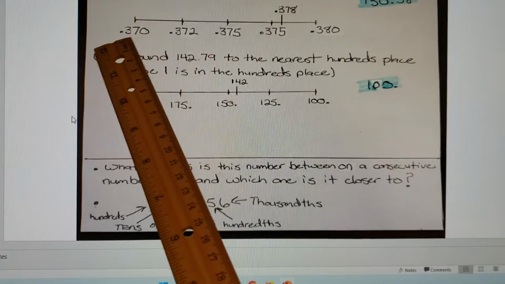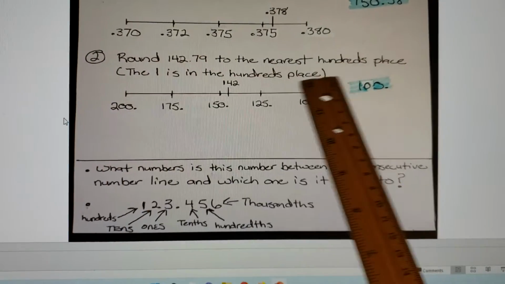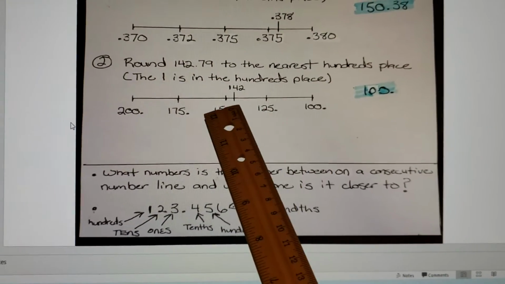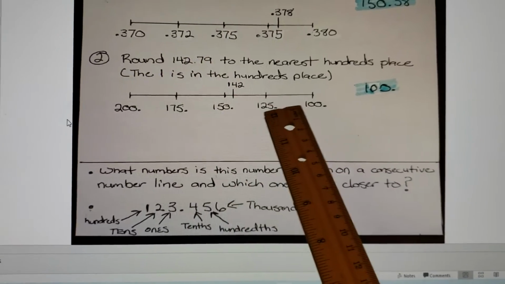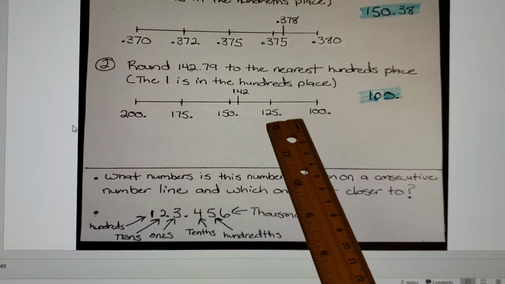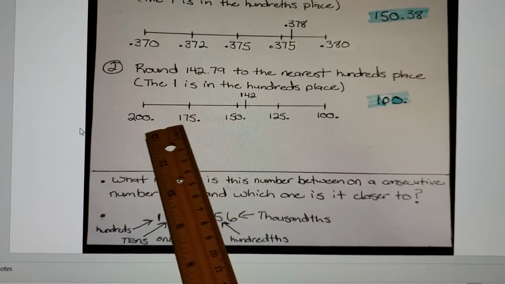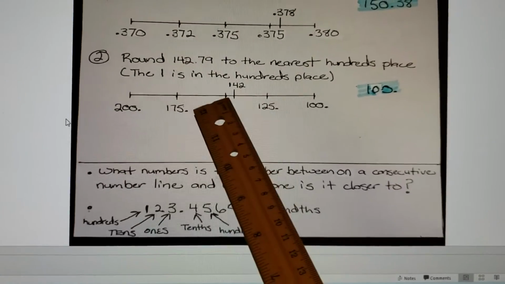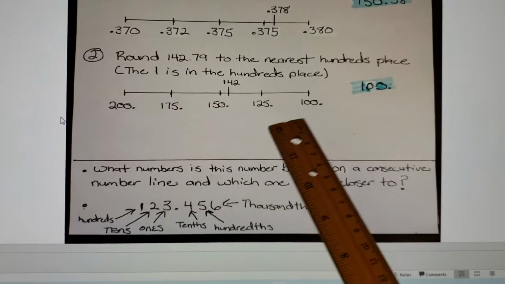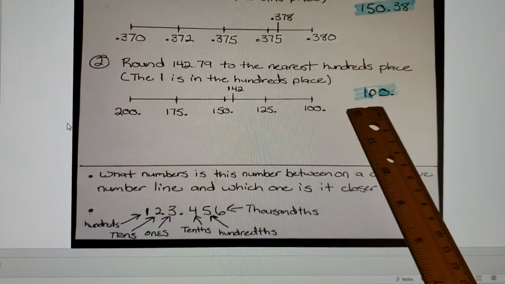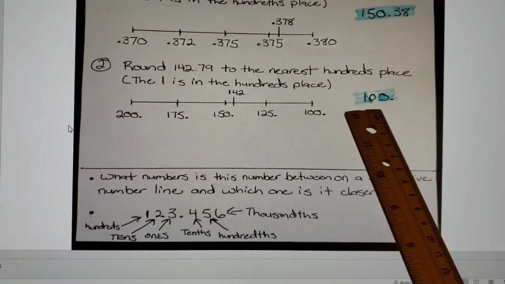You can see right here my number line, I use this one for the hundredths place. My number is 142, and on my number line is 100, 125, 150, 175, and 200. My number is 142, and it's closer to 100, so I would round to 100.